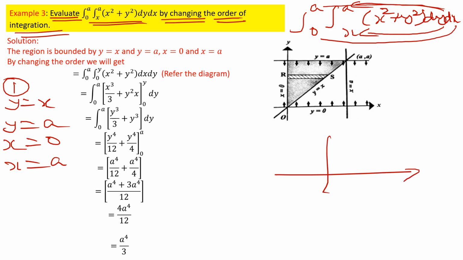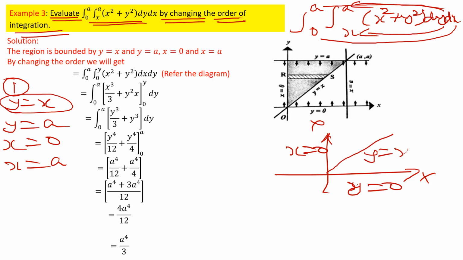How to construct the region? X-axis, y-axis, here y equal to 0, here x equal to 0, then y equal to x, which is a straight line passing through the origin, and then y equal to a. So we draw a line here, this is y equal to a. Now this is my bounded region.